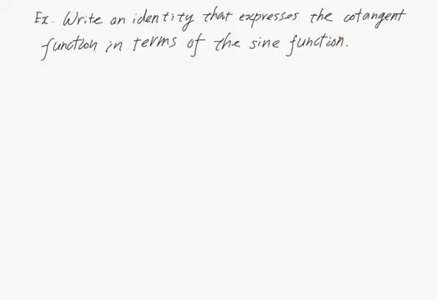Your identity must involve both the sine and cotangent, right? Which identity should I use? So one of the Pythagorean identities, right? So you have the cotangent square x plus 1 equal to the cosecant square x.